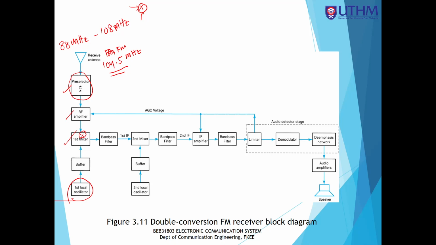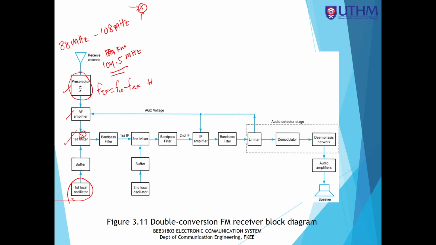If you remember, for high side injection, we want to find the FIF. FIF is equal to FLO minus FRF. This is if we use a high side injection, where the frequency of the local oscillator is higher than the input signal frequency, because we don't want to produce a negative frequency.